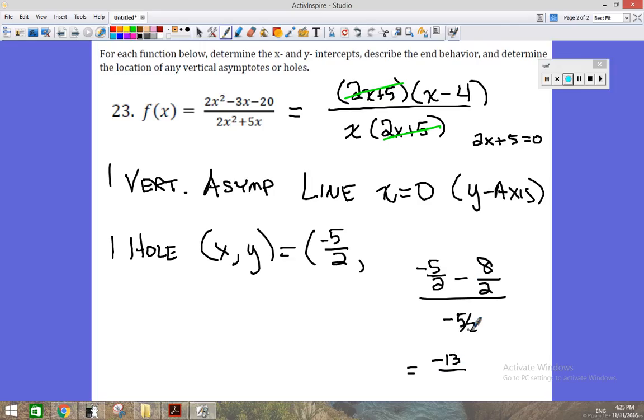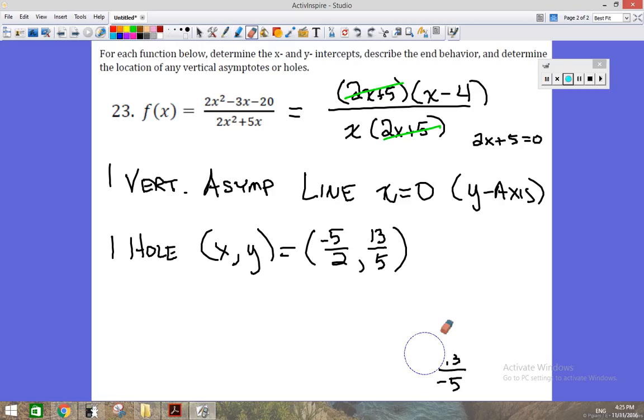That over 2, and that 2 in the numerator is going to cancel with the 2 that's in the denominator of the denominator. And a negative divided by a negative is positive. So I have 13 over 5. So I hope I haven't made any silly arithmetic errors. And I believe we're done.